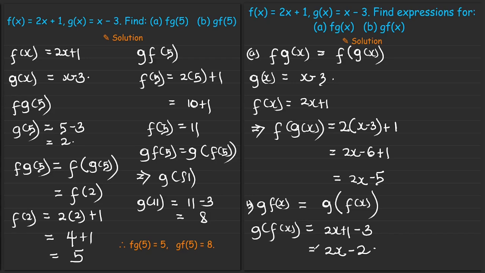Now, if you want to verify using what we did over here, remember we had f of g of 5 giving us what? The answer 5. So testing it out, that is to say, if x is 5, we have 2 into bracket 5, then minus 5. 2 times 5 gives us a 10. 10 minus 5 gives us a 5.